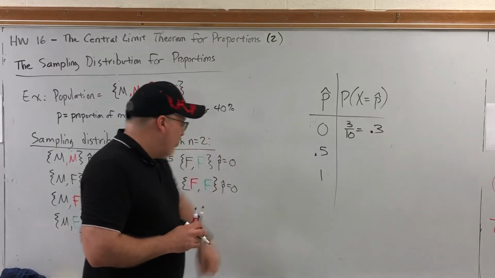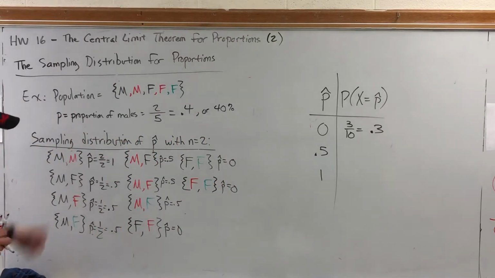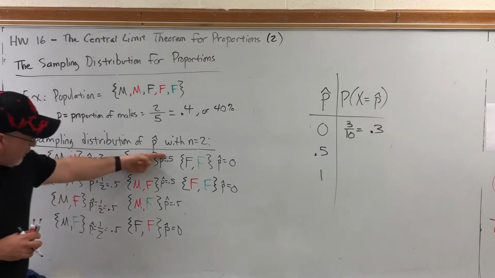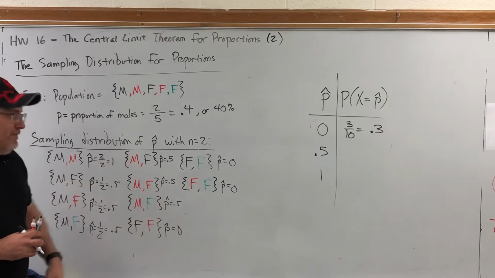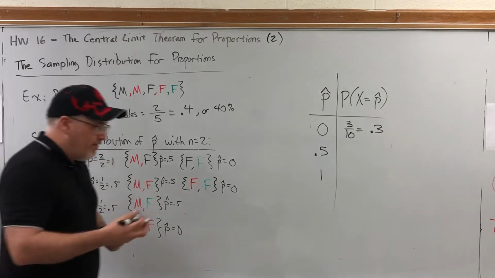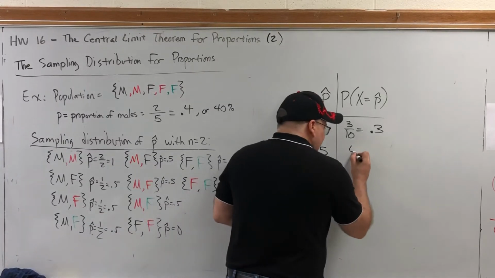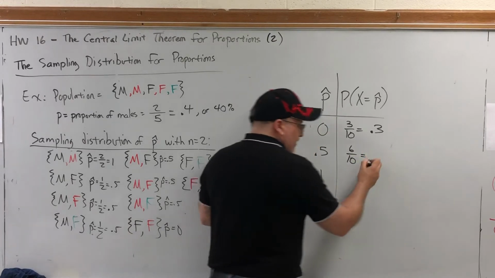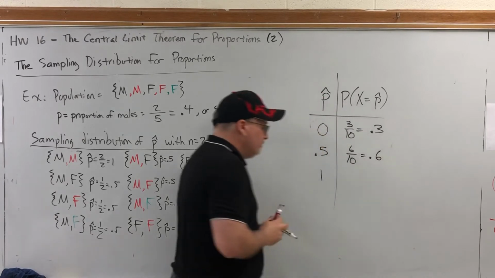For a p-hat value of 0.5, we still have 10 samples, but out of them, 1, 2, 3, 4, 5, 6 of them have a p-hat value of 0.5. So 6 out of 10 of the p-hats are 0.5. 6 divided by 10 is 0.6.